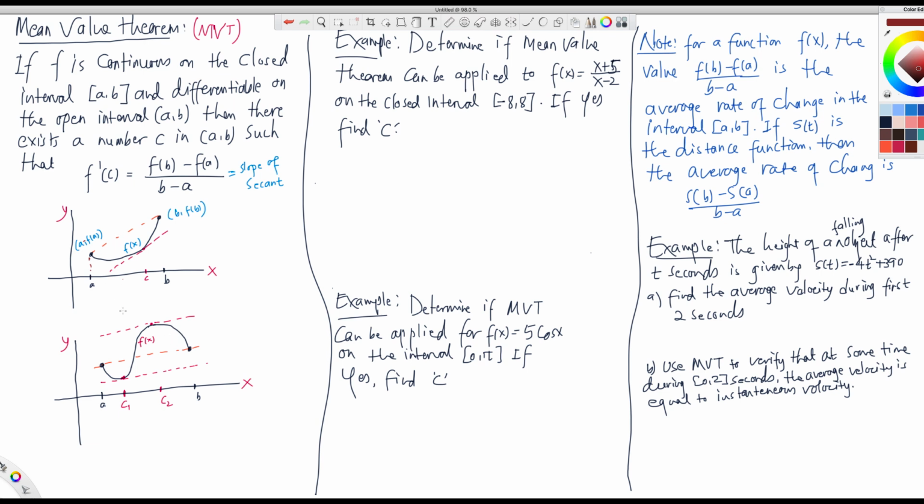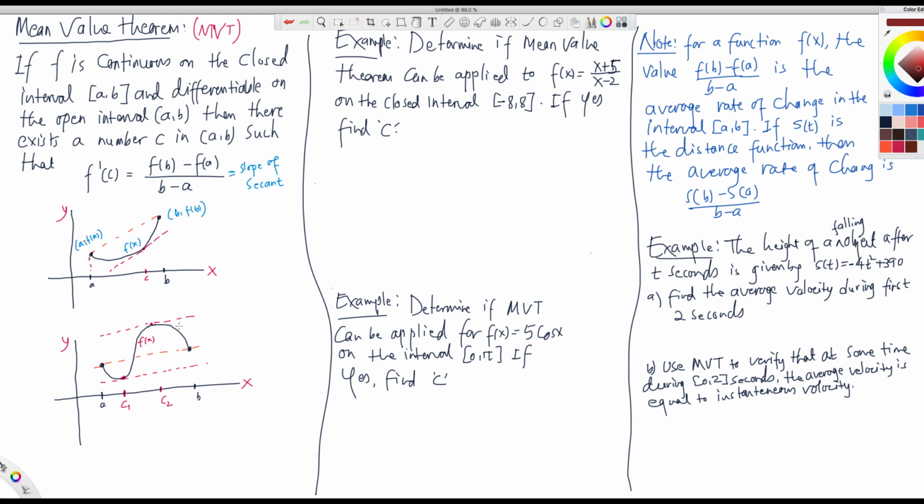So we will be able to find at least one point c where the tangent line is parallel to the secant line joining the endpoints. Look at this: this is one point c, where the tangent is parallel to the secant line, and there is another point c. I denoted them by c1 and c2, where the tangent line is parallel to the secant line. That's what the mean value theorem says.